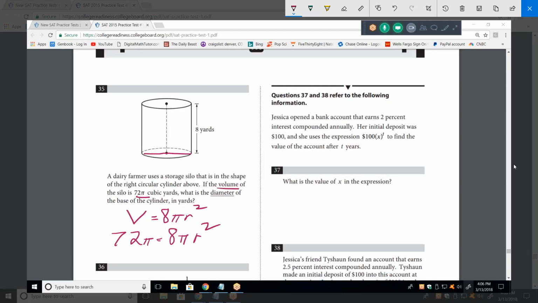It applies only to the r. I did not write it with parentheses around all three. So to solve this equation, we want to isolate r. The first thing we have to do is isolate r squared. So how do I isolate r squared? What's r squared equal to?